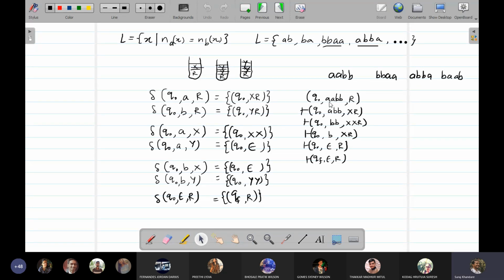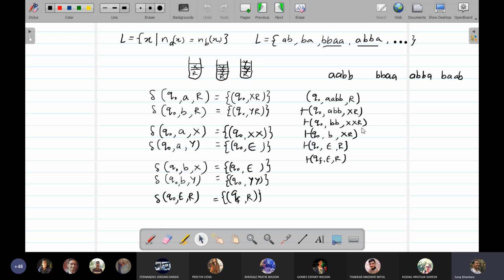So there are four different examples which you have practiced: AABB, BBAA, ABBA, BAAB. Now in Q0, when we get A, we push X onto the stack. Another A, we push X. B will pop X. Another B will pop X out of the stack.